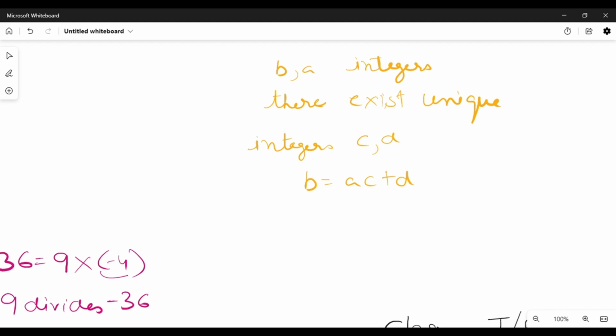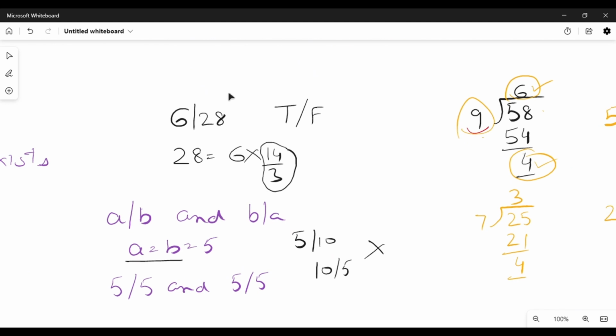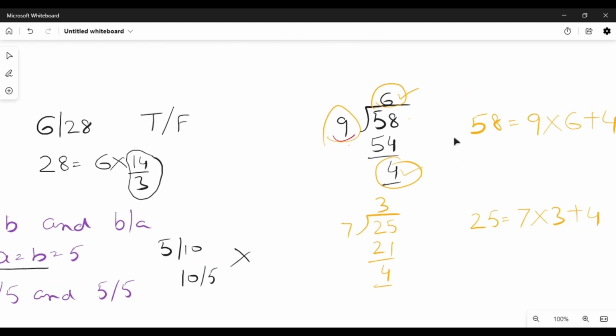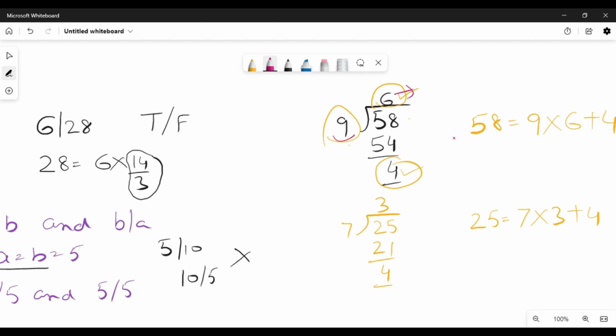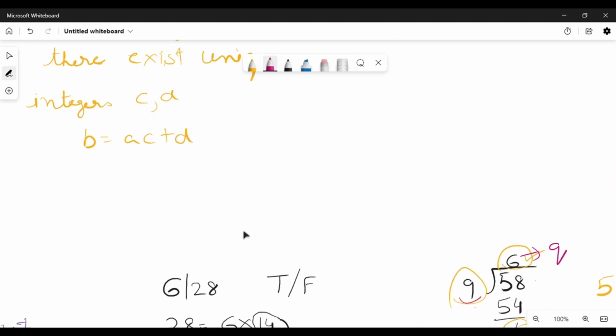Now, as I have divided this 58 by 9, this thing was clear in your mind from the junior classes, that the special name given to this 6 is quotient. So I'm going to denote it by Q, and this is the remainder, so it will be denoted by R. Now let us change this.